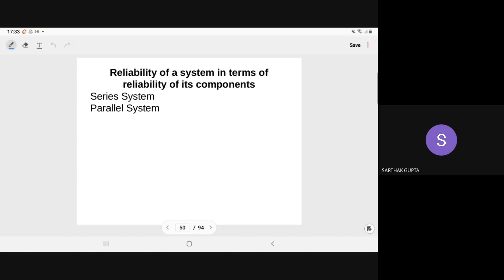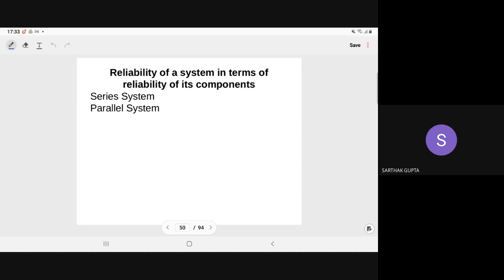In the subsystem we have numerous devices. So how they are arranged, we have not talked about that. Whether their arrangement is important to increase the reliability.